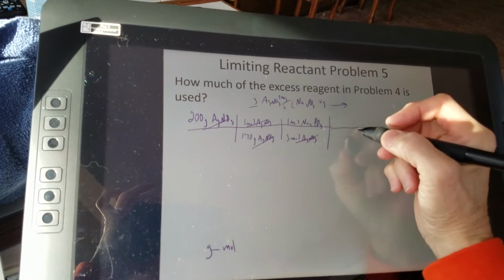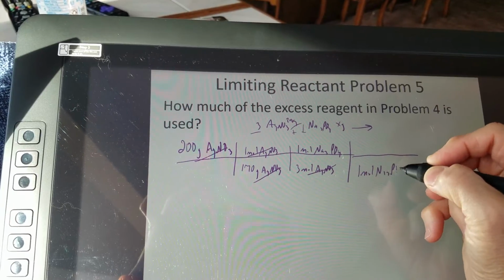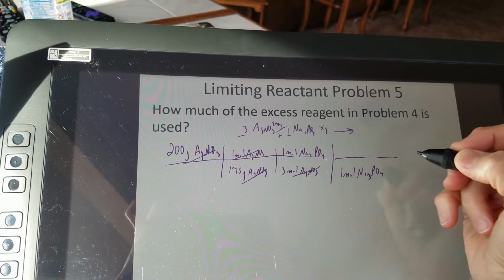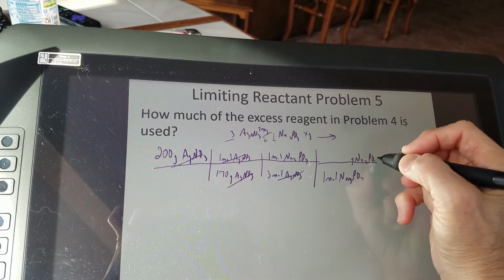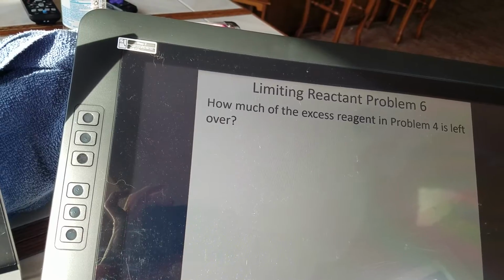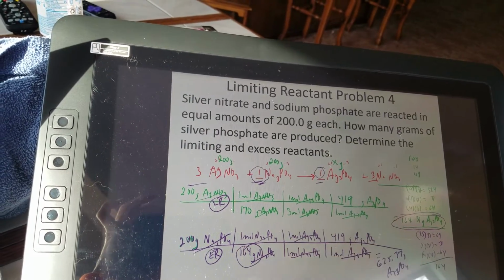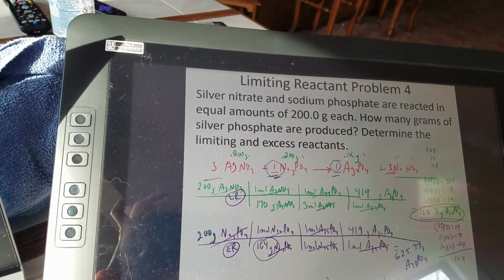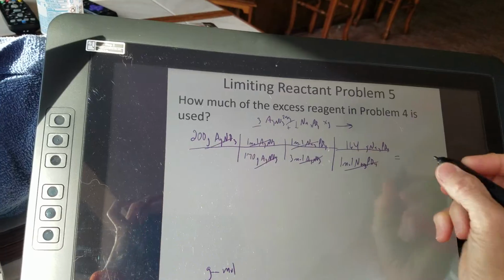And then lastly, I'm going to take my moles of sodium phosphate to grams of sodium phosphate. And again, we figured that out earlier as being 164. So again, we'll look back real quick and you can see that 164 was the grams in 1 mole. And now the rest is doing the math.